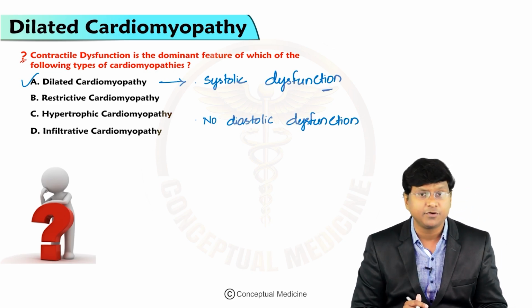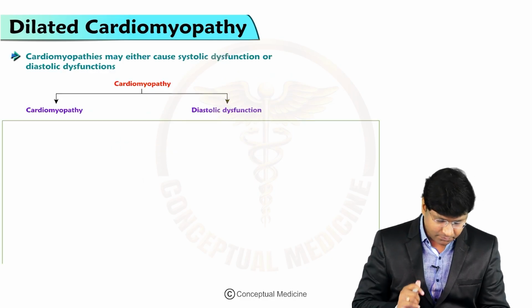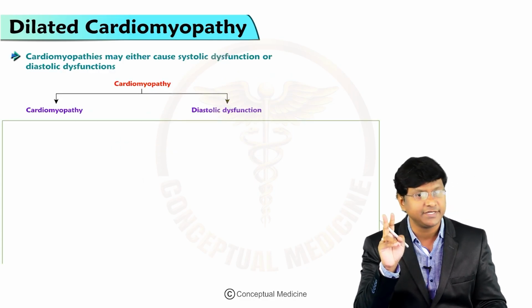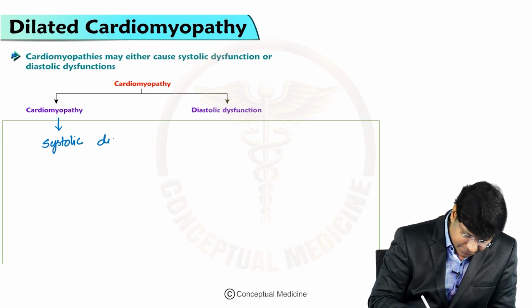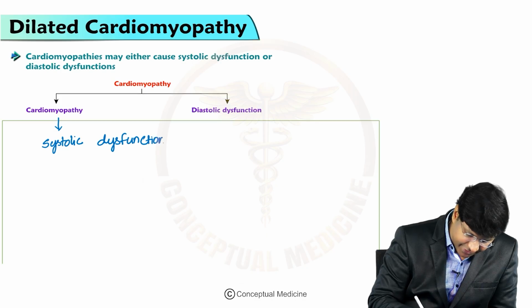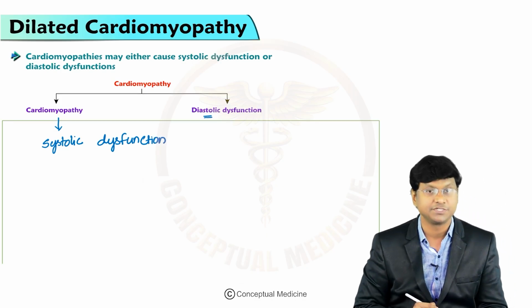Whereas, you take other forms of cardiomyopathy. We classify cardiomyopathies into two types: one, cardiomyopathy with systolic dysfunction, and the other, diastolic dysfunction.